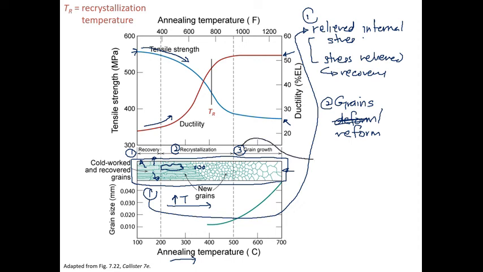In the final step here, the grain growth. On further heating, when you increase the temperature, you can see the grains become larger. You can have a larger grain. So in the third phase, the large grain is restored.